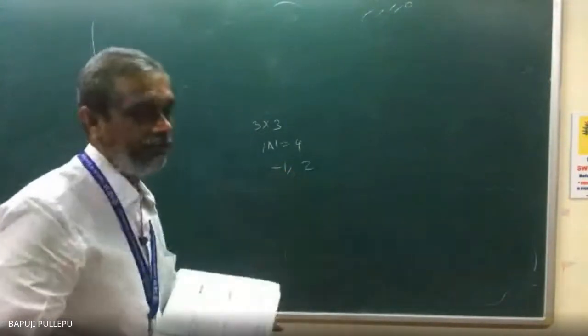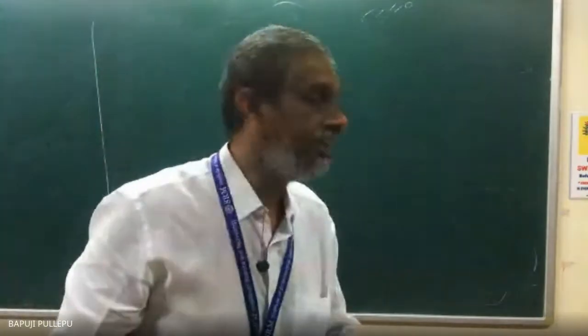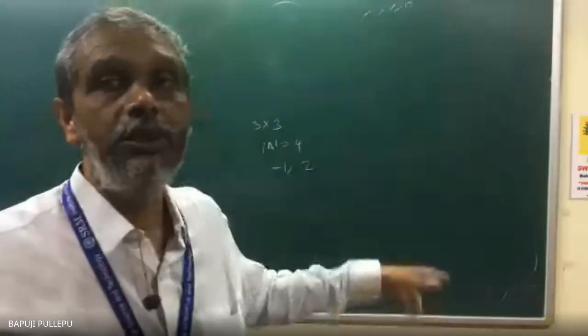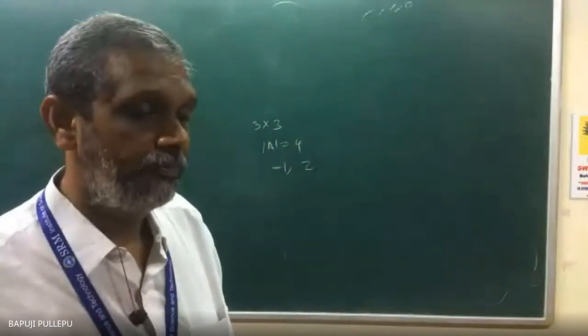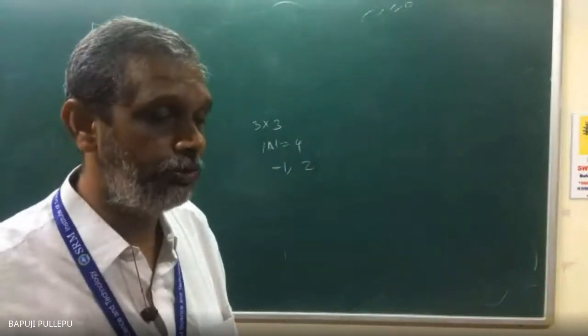Find the third eigenvalue. What is it telling? Two eigenvalues are -1 and 2, and its determinant is 4. Find the third eigenvalue. How will you do it? So -2 is the third value.